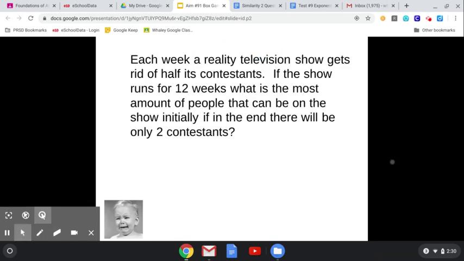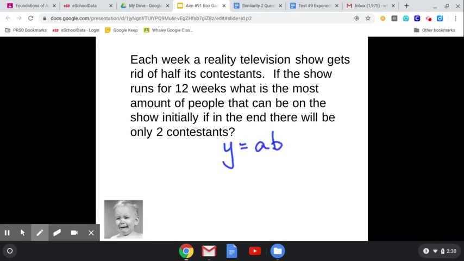All right, let's look at the second question. Each week, a reality television show gets rid of half of its contestants. If the show runs for 12 weeks, what is the most amount of people that can be on the show initially if in the end there'll be only 2 contestants? It's a weird question. I know that the formula looks a little something like this.